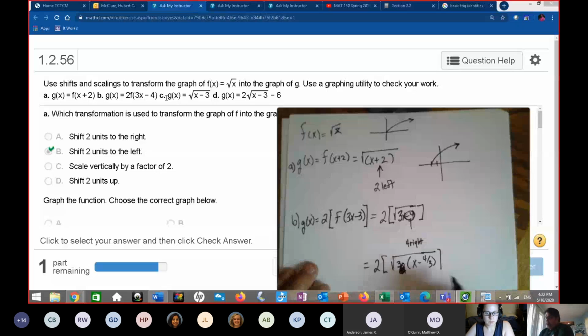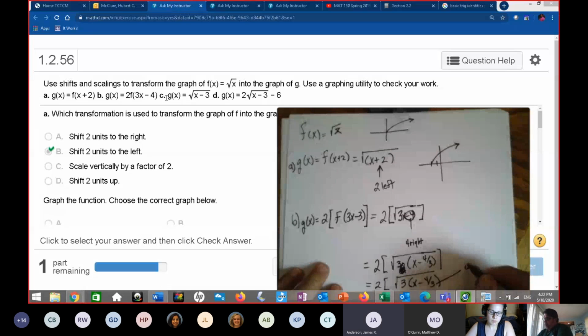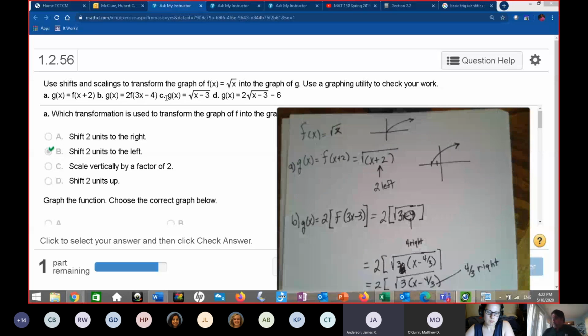So that's equal to 2 brackets, the square root of 3 times x minus 4/3. So that would be a horizontal shift of 4/3 to the right. And you can't distribute among this.